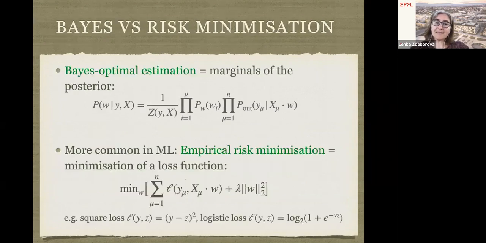That Bayes optimal estimation is, of course, somewhat different from the usual empirical risk minimization, where we simply postulate some loss function and some regularization, minimize over the weights, then take the minimizer and evaluate on that minimizer.